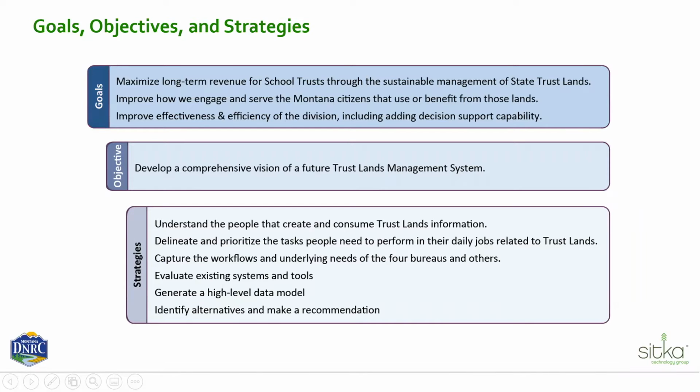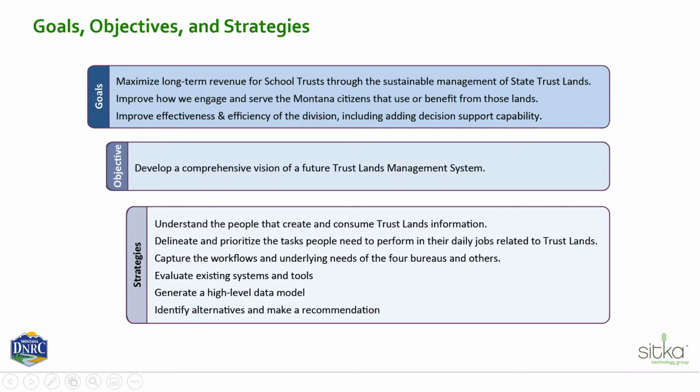So the high-level goal for the trust lands management system overhaul is really to serve the mission of trust lands management as a division, to maximize long-term revenue for state trusts through the sustainable management of state trust lands.